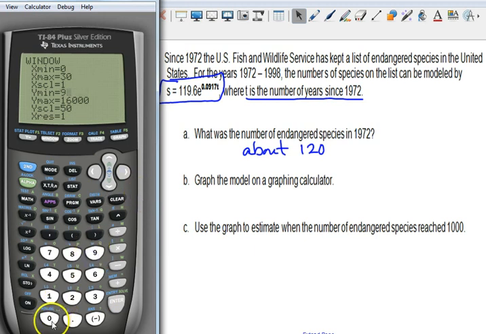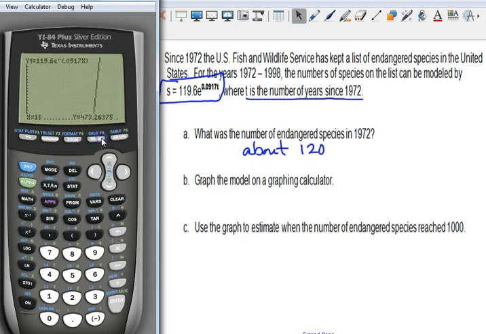So how about 900 to 1,100. And since I'm only going up a couple hundred, we can probably count by 20s or 10s and be fine. The scale doesn't really matter, it's just going to take you longer to scroll. So if I can see the curve, I'm good. Oh good, I can see it.